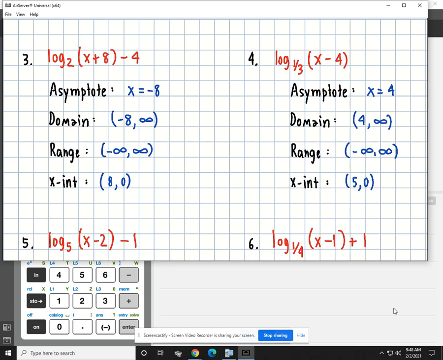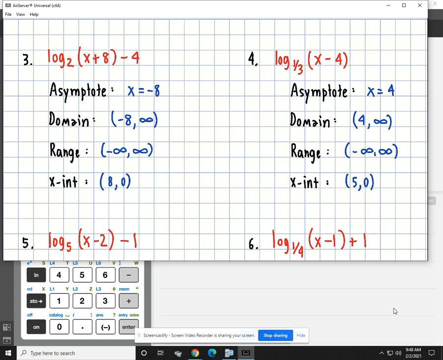So that means it had a horizontal shift, left 8, right? Left 8. So my asymptote changed to x equals negative 8. That changed my domain to negative 8 to infinity. So that's what affects your asymptote. And then of course, your range is always unaffected in logarithms. And then you just had to look at your graph or your table to find your x-intercept.